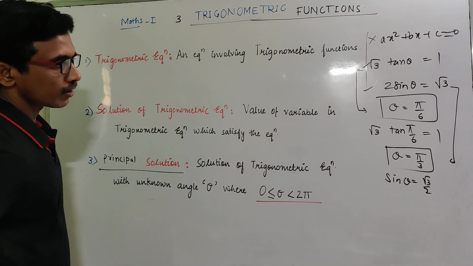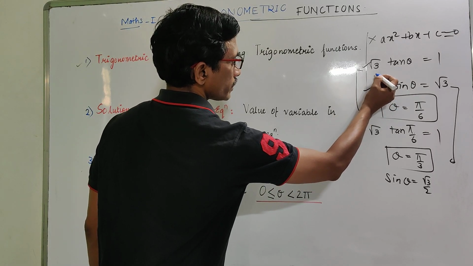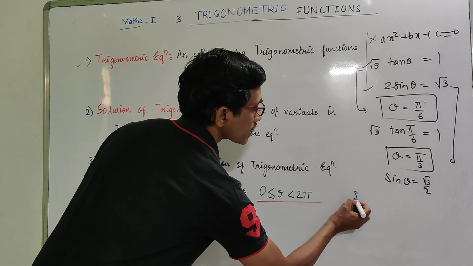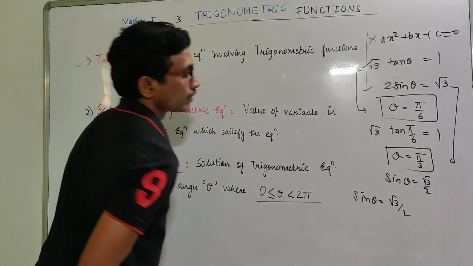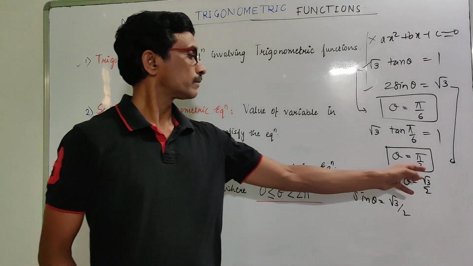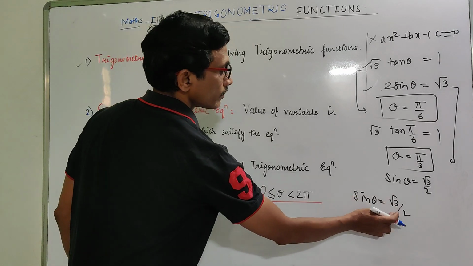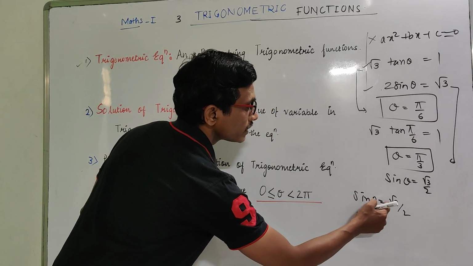If we take the example of this equation, 2 sin theta is equal to root 3, that means sin theta is equal to root 3 by 2. You know the first value is pi by 3. Sin of pi by 3 is root 3 by 2, and it is positive.